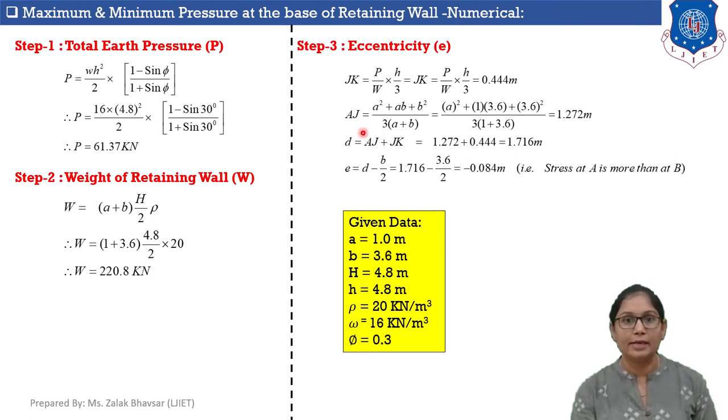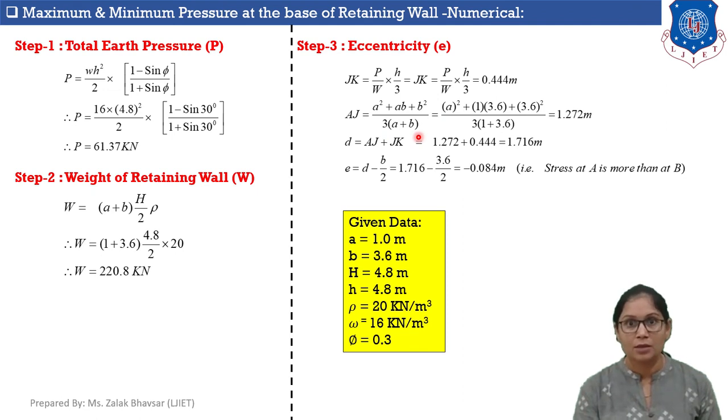Now let's calculate AJ. AJ is calculated using equation (A square plus AB plus B square) upon 3 in bracket (A plus B). So value of A is 1, B is 3.6 meter. So if I am putting value of A and B in this equation, then I am getting AJ is equal to 1.272 meter. Now D is equal to AJ plus JK.